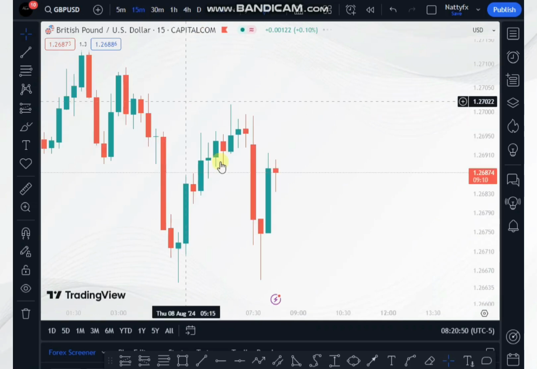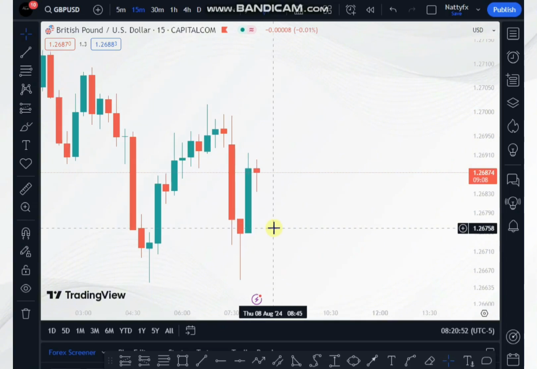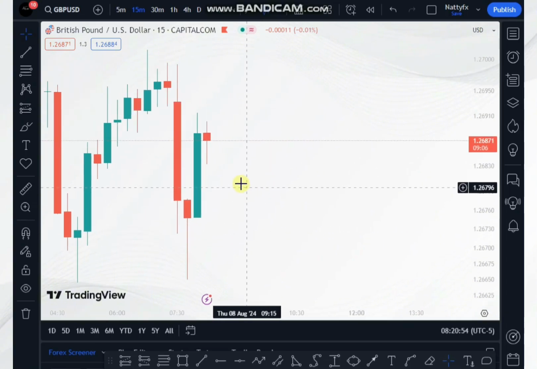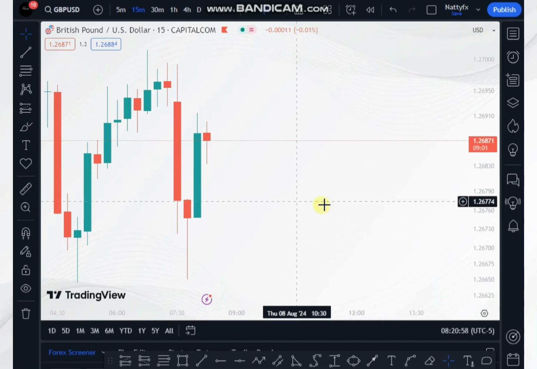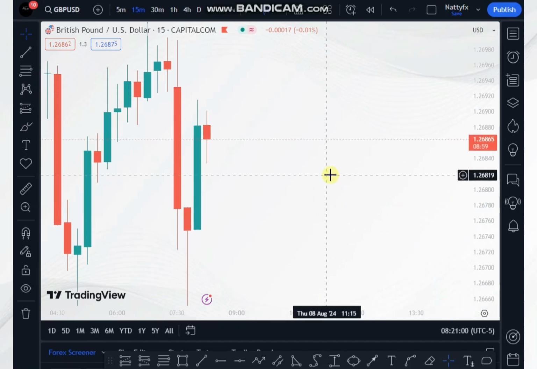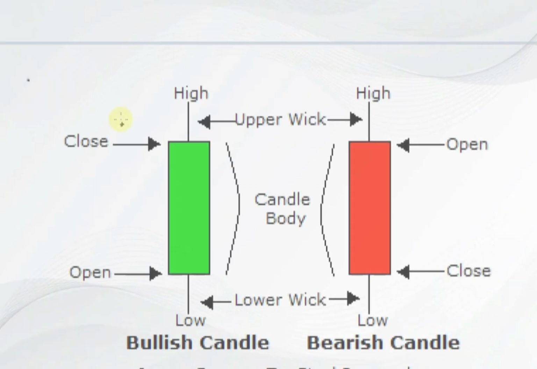We also have the open of the candle and the close of the candle, the highest point it went to and the lowest point it went to. In every candlestick, we have the open price and the close price. For this bullish candle, this was the open price.